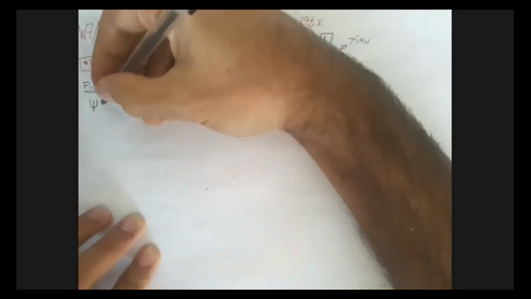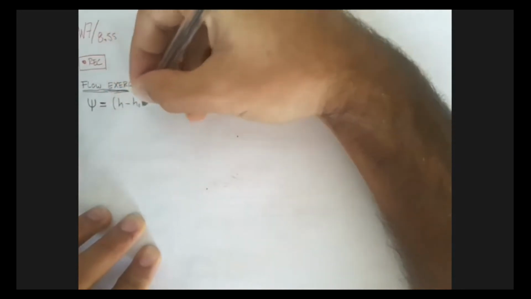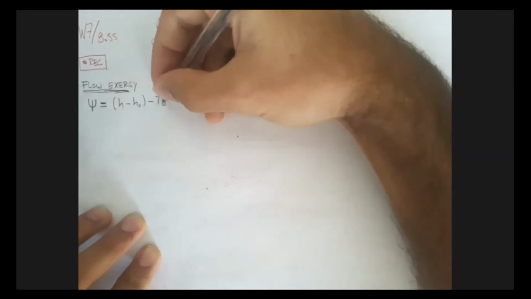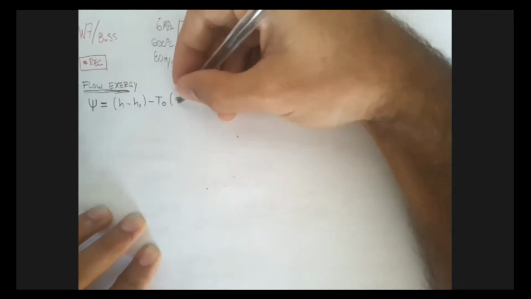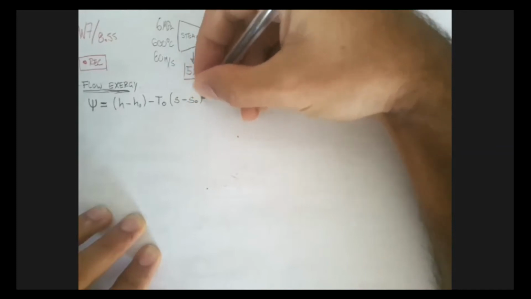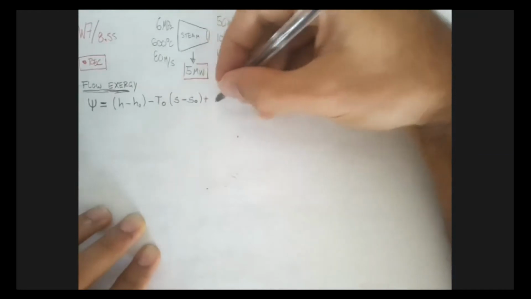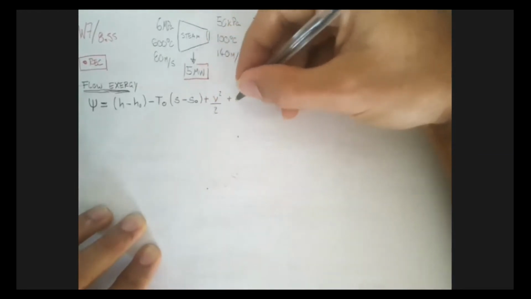So our exergy at any given state will be my enthalpy minus my dead state enthalpy, minus my environment temperature, or dead state temperature, times the difference between the entropy of my state and the entropy of my environment, the dead state entropy, plus the kinetic energy and the potential energy this flow has.